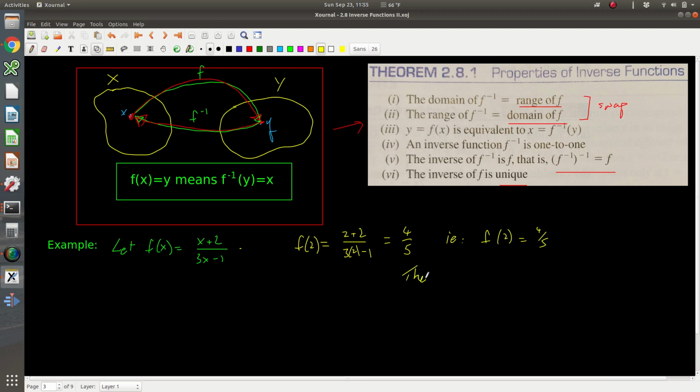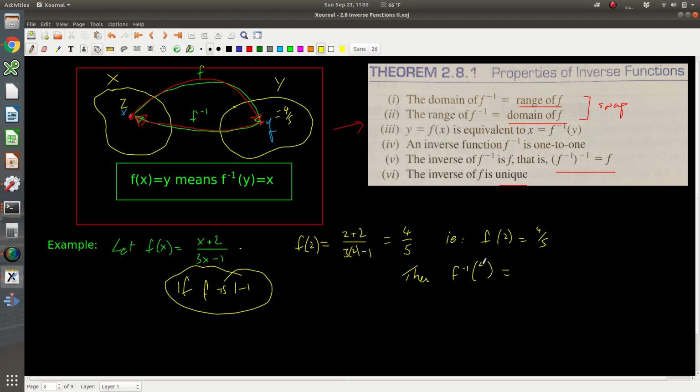If this function has an inverse, so if this function is 1-to-1, and the argument I'm going to make relies on this function being 1-to-1, then we can calculate f inverse of a certain value. F inverse of what value? Well, we plugged the value 2 into the function, and we got the value 4/5 out.